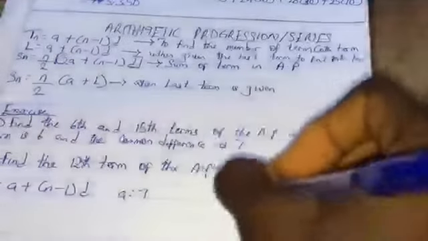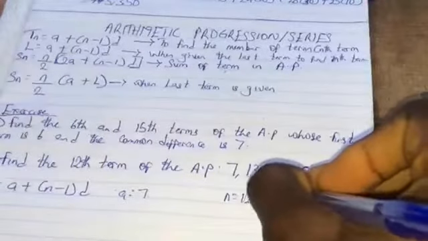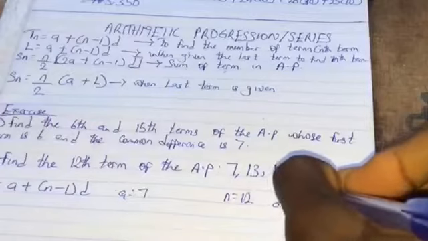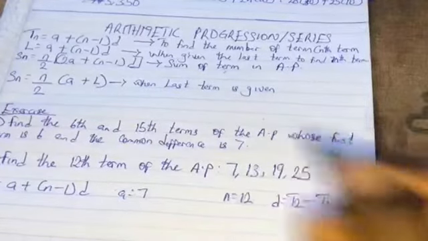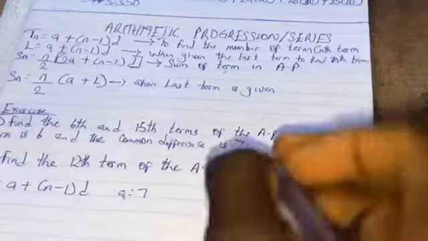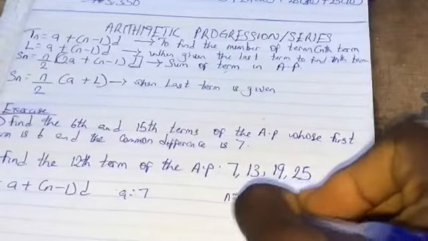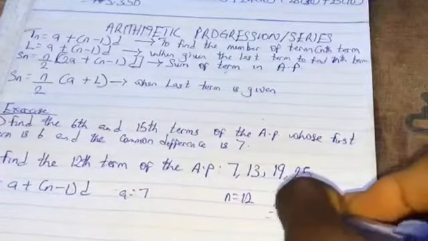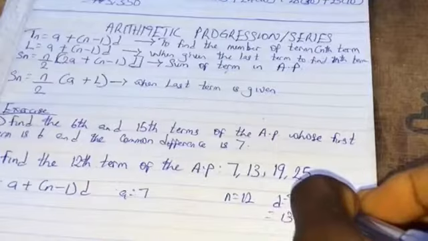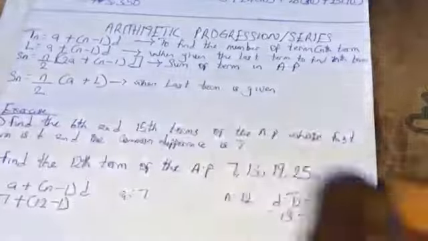To find the common difference, we take t2 minus t1, or t3 minus t2, or t4 minus t3. So t2 is 13 minus t1, which is 7, which equals 6. Therefore you now put in your formula: t12 equals a, which is 7, plus open bracket 12 minus 1 close bracket d, which is 6. So 12 minus 1 is 11.